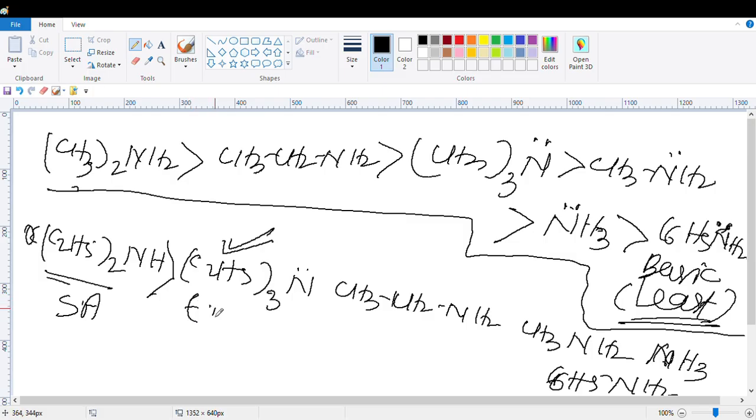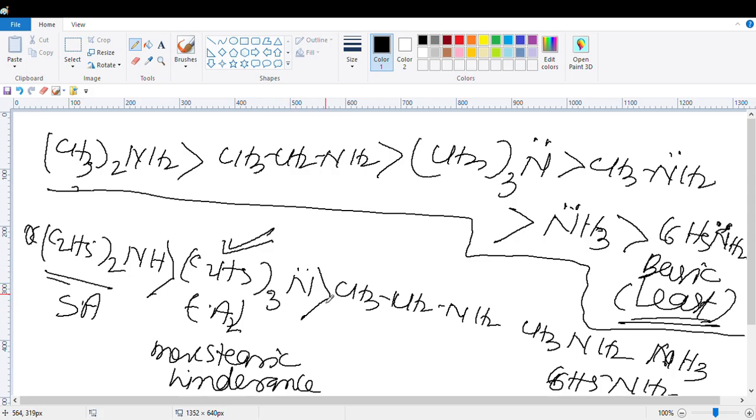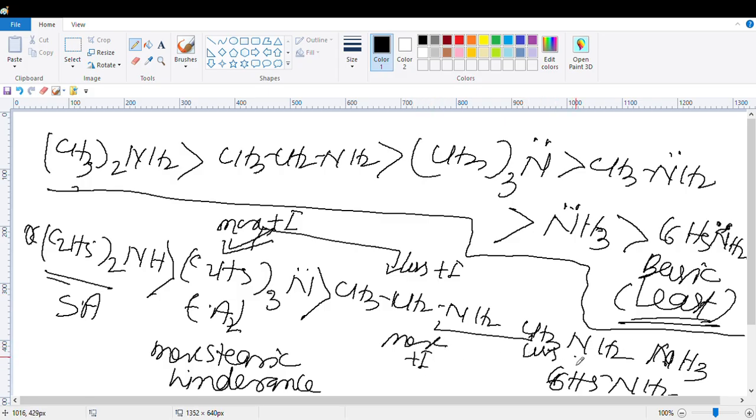So the tertiary amine is less basic because of more steric hindrance, but it is more basic than any primary amine. So then we will write the reason here. Here more plus I effect, here less plus I effect. When we compare ethyl and methyl, more plus I effect, less plus I effect.